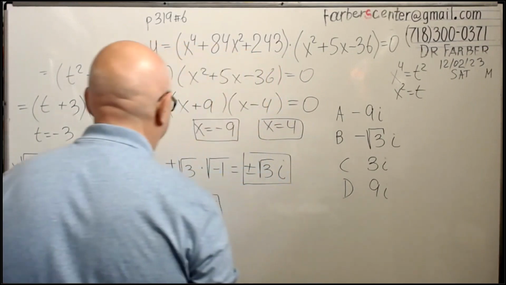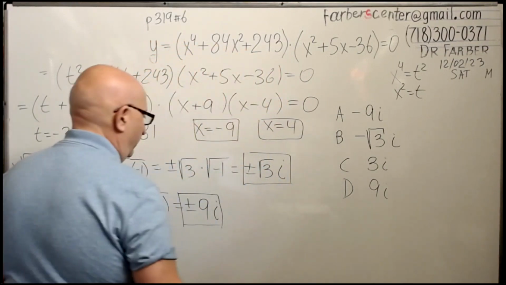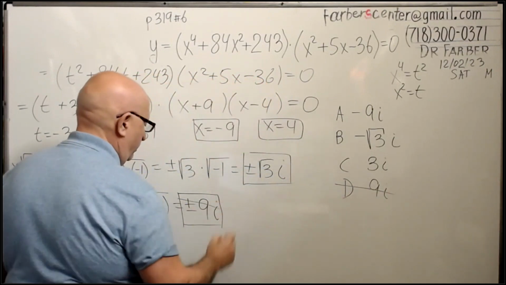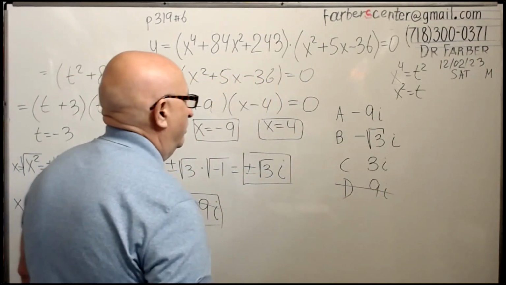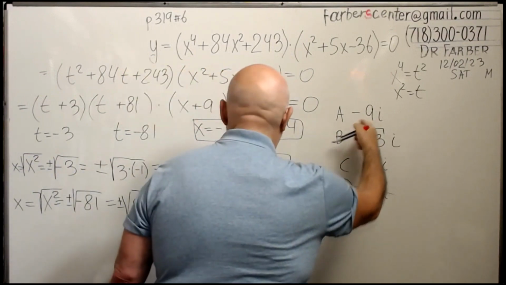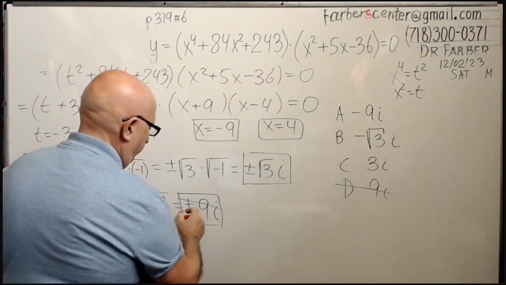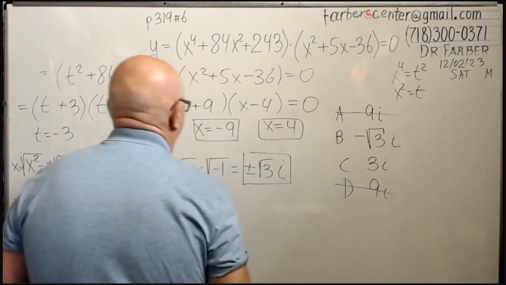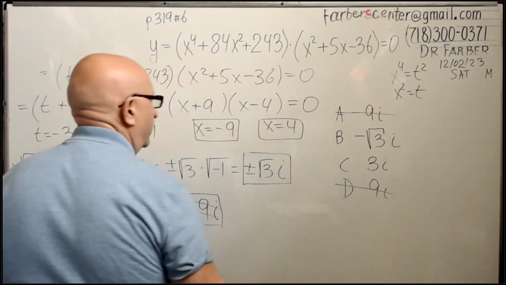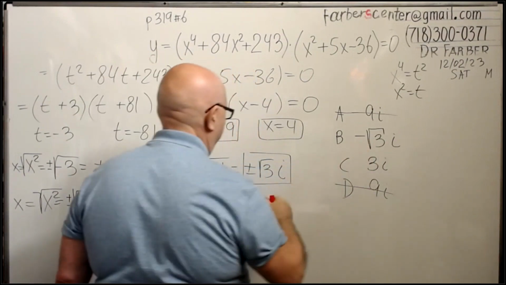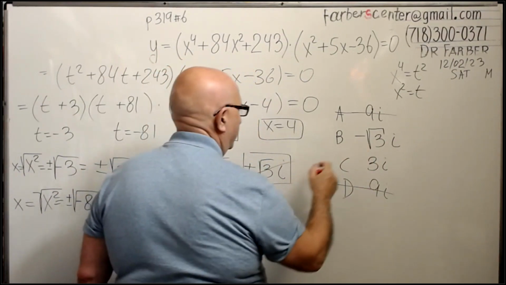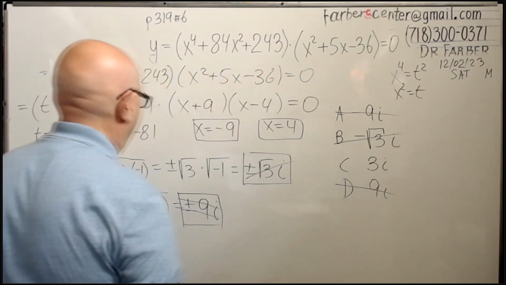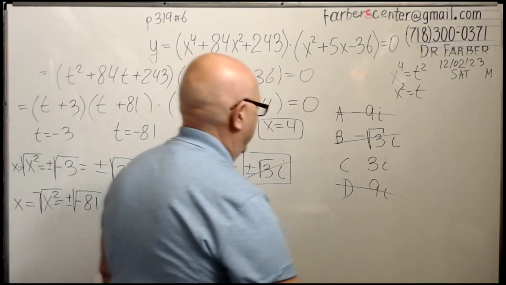Okay. Do we have 9i? Yes, we have. Here it is. Do you have negative 9i? Yes, we have this one. Do you have negative square root of 3i? Yes, we have. Do you have 3i? No, we don't. So this will be the answer.